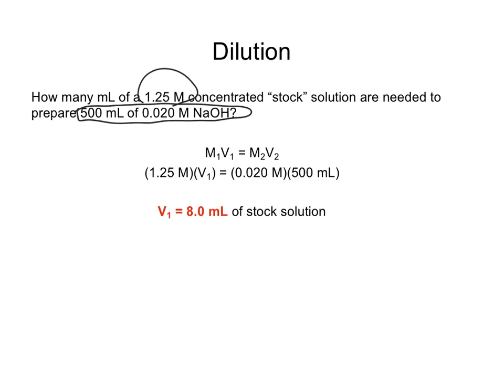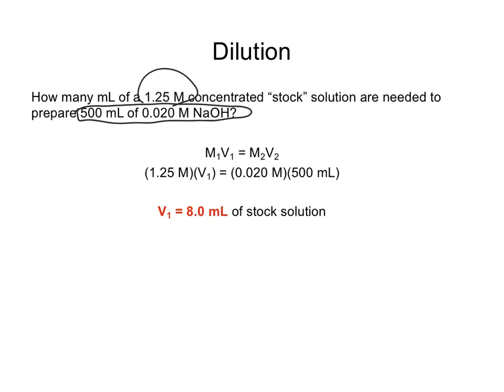This is for the concentrated 1.25 molar times what volume do you need to put into the new flask, which is 500 mils, in order to make 0.02 molar. So then solve for volume there. And the way this is written in milliliters as well.